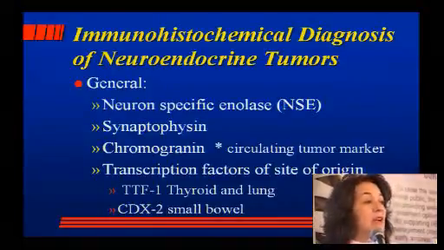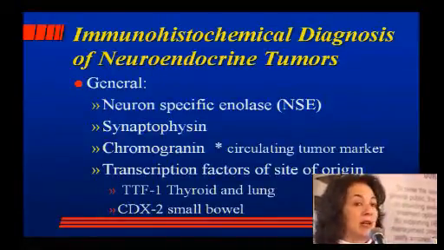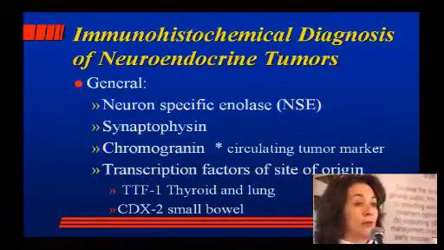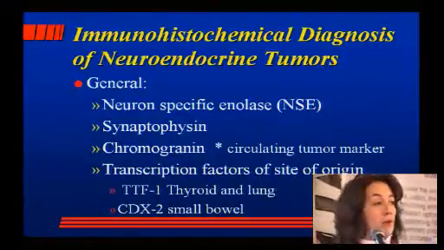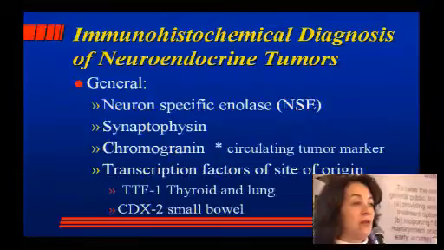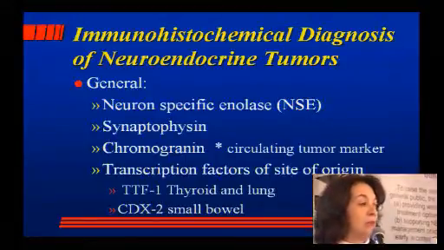Now, I said we need the right tools to be able to confirm this diagnosis. When a pathologist has a high index of suspicion for neuroendocrine tumor as opposed to a non-neuroendocrine tumor, there are a number of very specific markers we can use to prove that. Neuron-specific enolase is one, not a very good one. It was an early one, but it's lousy actually.